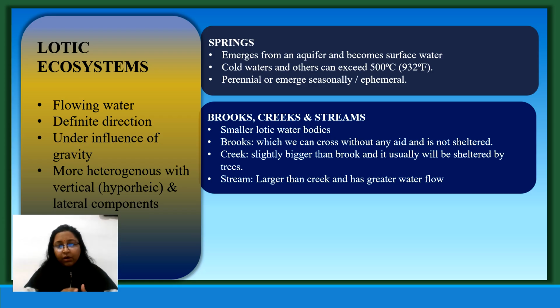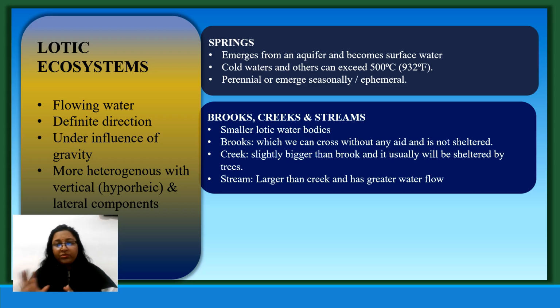Now, what is a brook? We usually classify a smaller lotic ecosystem as a brook when we can cross it without any aid, without any bridge or anything, and it is not at all sheltered. It doesn't have any trees in its riparian zone.